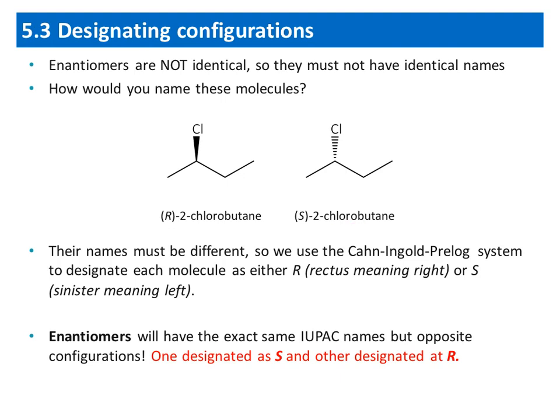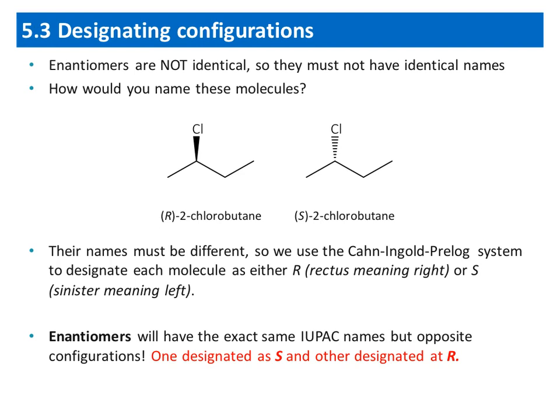To distinguish between these 2 molecules, there is a system that we need to follow called Cahn-Ingold-Prelog. This is just the name of 3 scientists, and they designate each chiral center as R, coming from rectus, meaning right in Latin, or S, coming from sinister, meaning left.